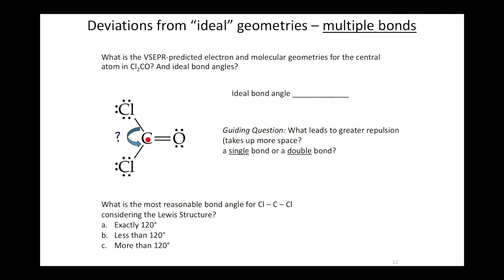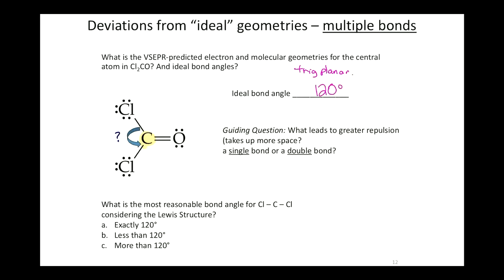So let's look at this molecule. Just based upon that central carbon atom, what's the geometry of that central carbon atom? Trigonal planar, because the electron geometry is 3 and there are 0 lone pairs, so the molecular geometry is trigonal planar too. So what is the ideal bond angle, the one that you memorize? 120 degrees.